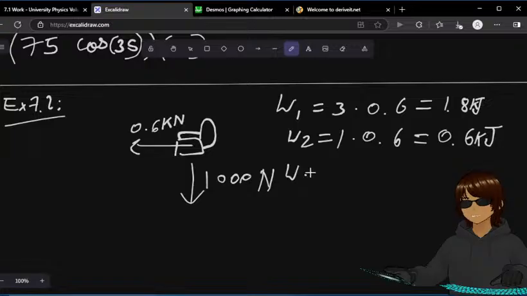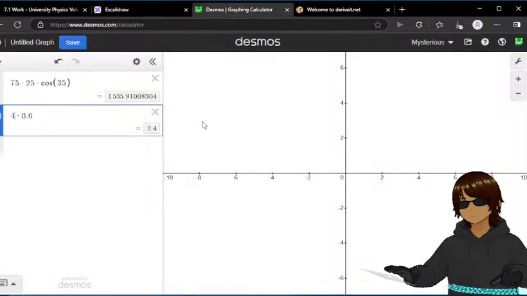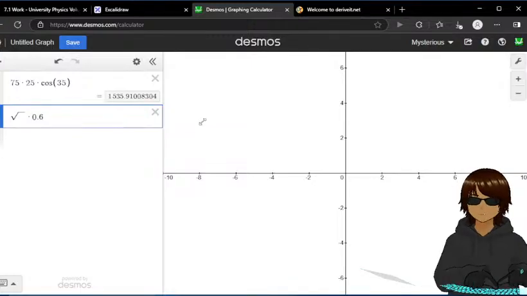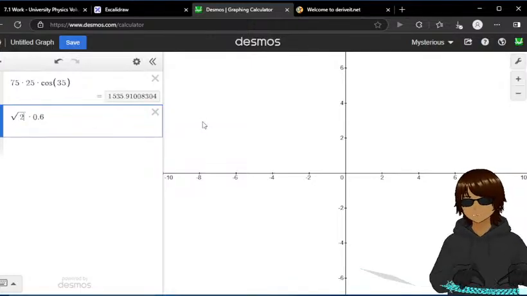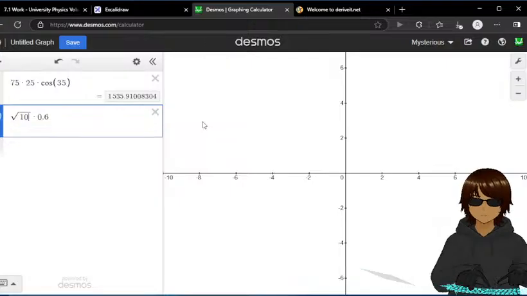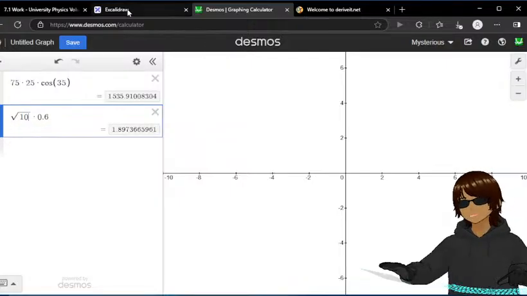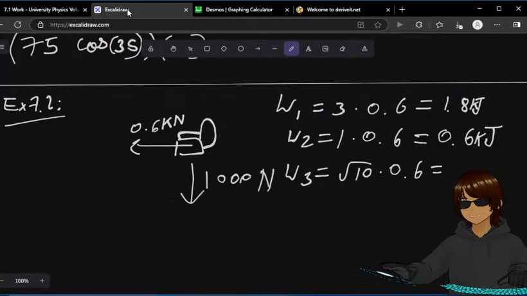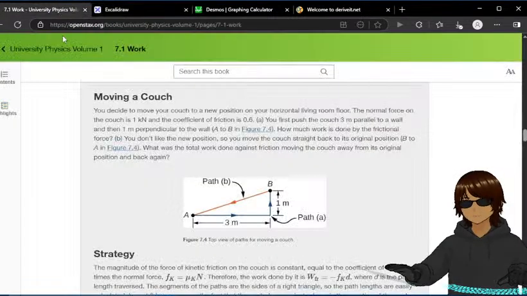So the work done is root 10 times 0.6. This is in kilo. Square root of 10 times 0.6 is 1.8, 1.9 kilojoules.